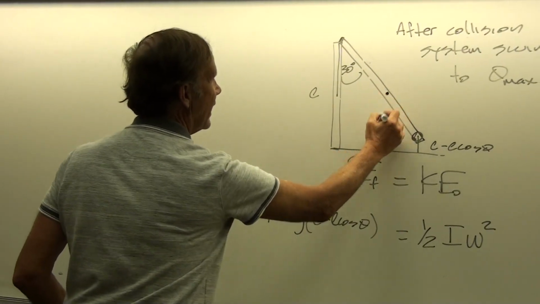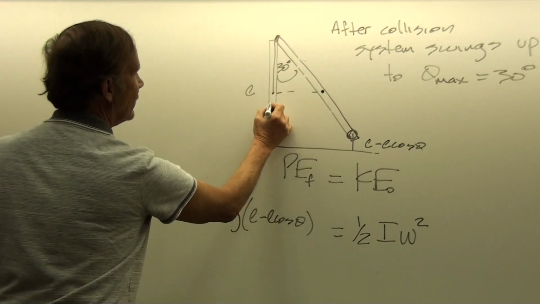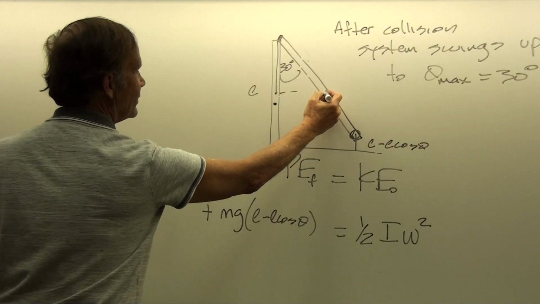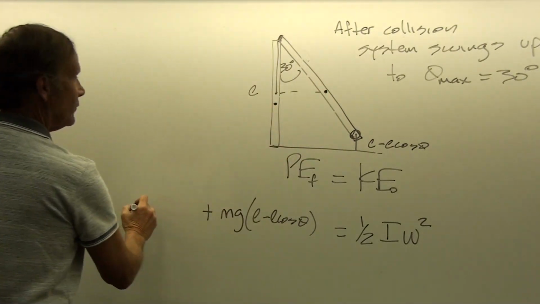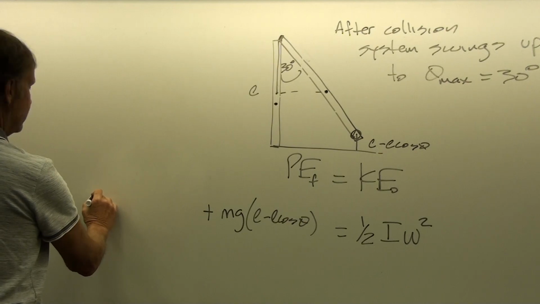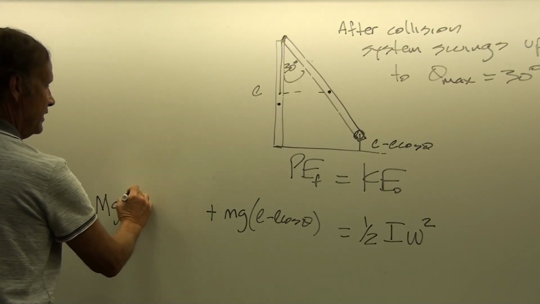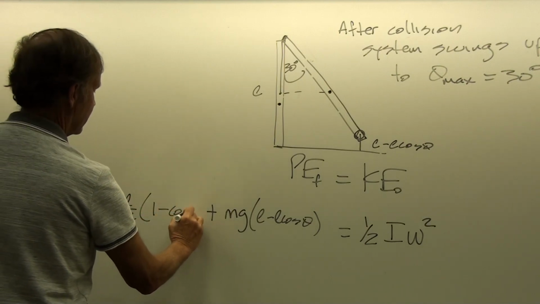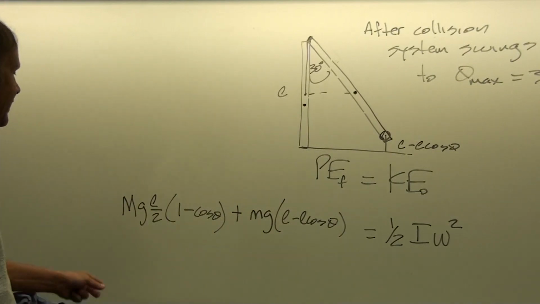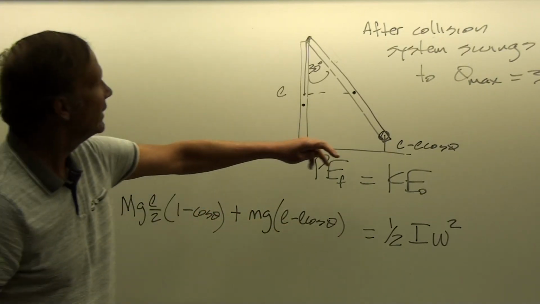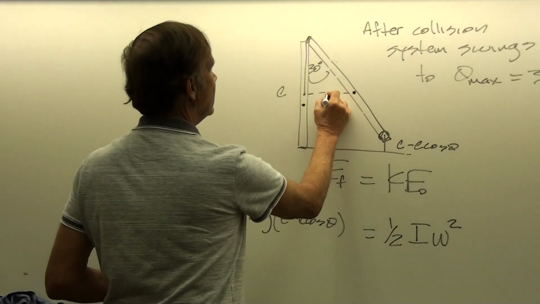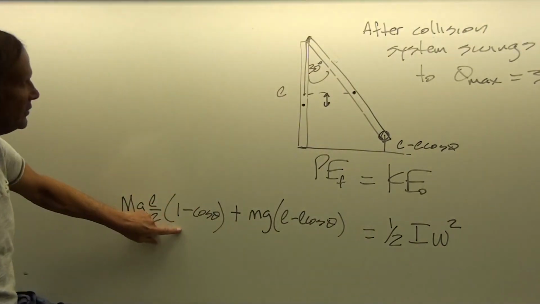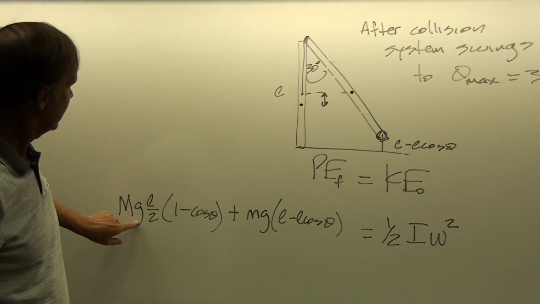How high does the center of mass move? Well, it's going to move from L over 2 to L over 2 minus L over 2 cosine theta. And so the height that the rod's center of mass moves is going to be big M g times L over 2 times 1 minus cosine theta. So this then is the final potential energy, which is basically the movement of the center of mass of the beam, multiplied by big Mg.